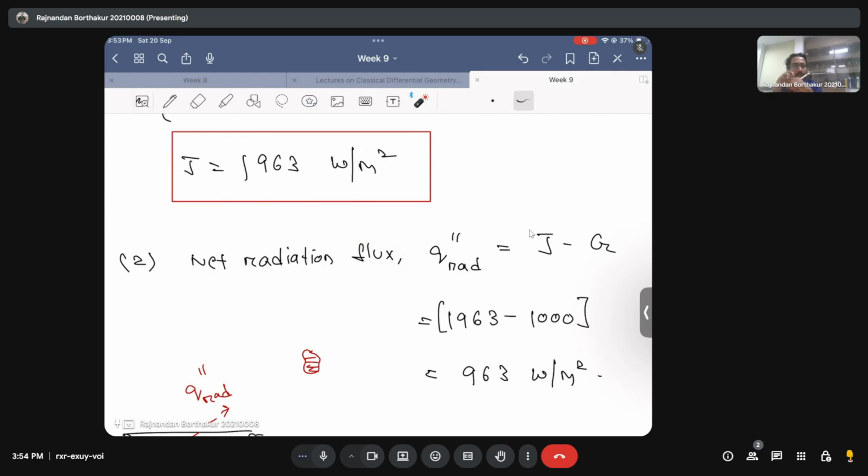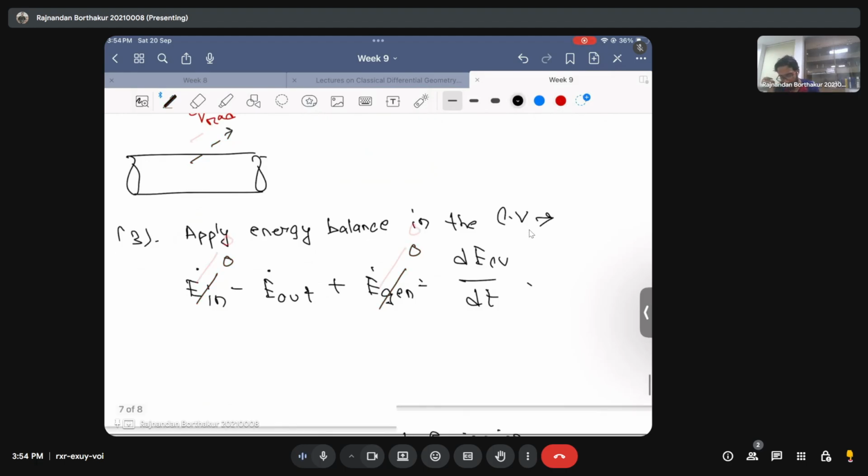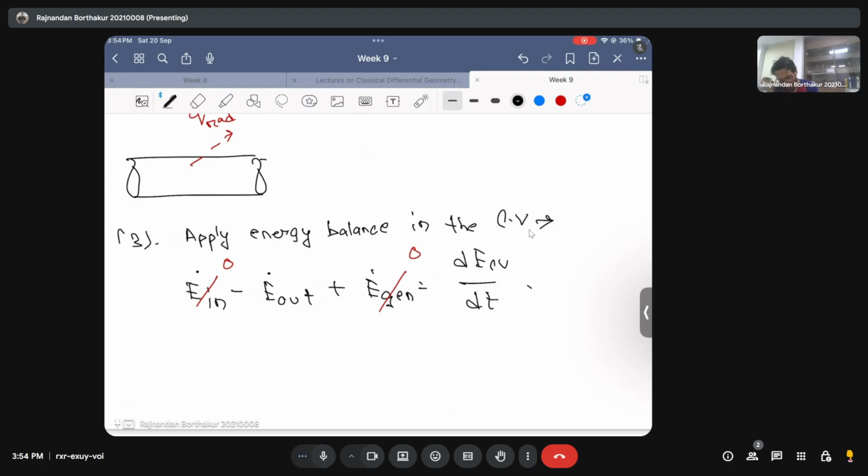Although there is irradiation and radiosity, we will dump this contribution into the net radiative flux that is being emitted from the body itself. So the contribution from E dot in will just go away, because we are dumping that contribution of irradiation into the net radiative flux. That's what we are doing. And of course there is no generation of energy inside the body, which means I can write that my E dot out becomes equal to E dot CV.